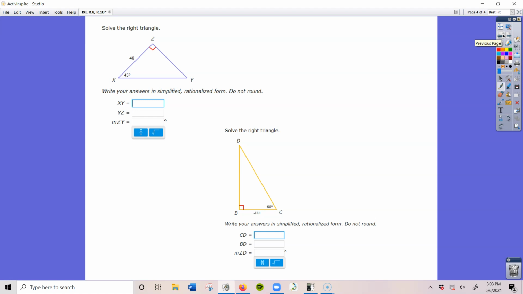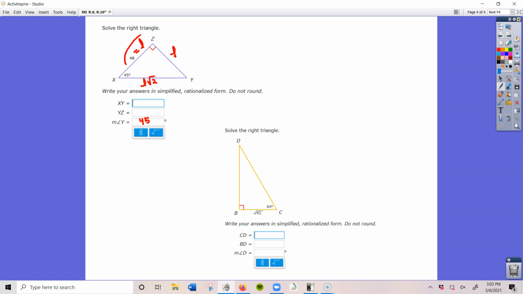Okay. For this one here, I have a 45, 45, 90 triangle. Since this angle is 45, that means angle Y is also going to be 45. Now let's write out our rules. The rule for both sides, both legs of a 45, 45, 90, is L. And the rule for the hypotenuse is L times the square root of 2.